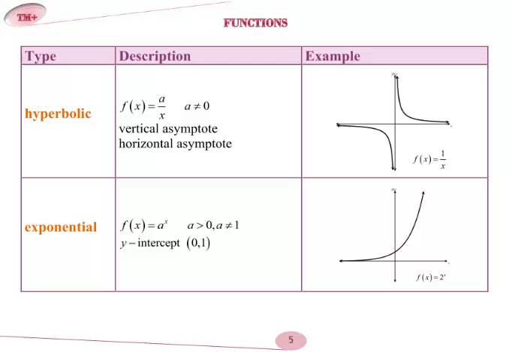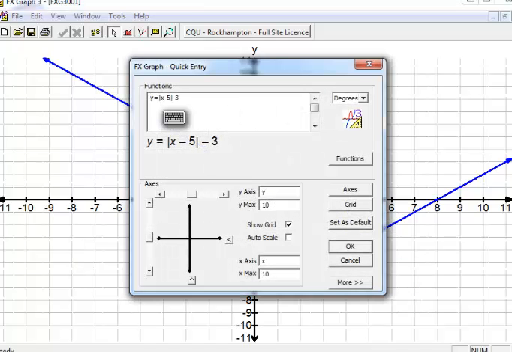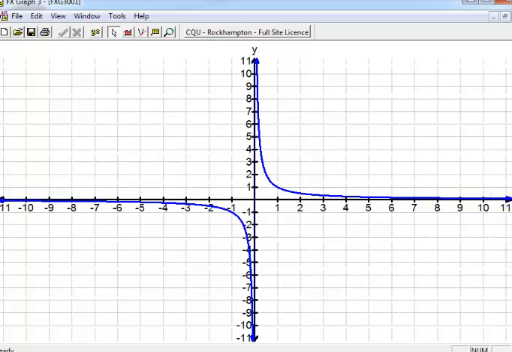Okay, hyperbolic graph, which we talked about when we did asymptotes. Anything with a fraction in it, basically. Because we end up with a vertical asymptote and a horizontal asymptote in this case. In terms of graphs, I won't do too many because we've kind of looked at those. So our basic one was y equals 1 divided by x. So you can see that there.